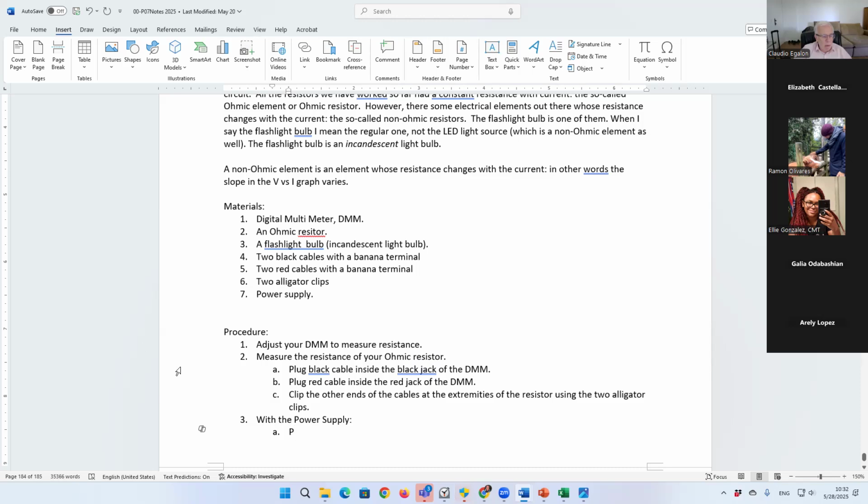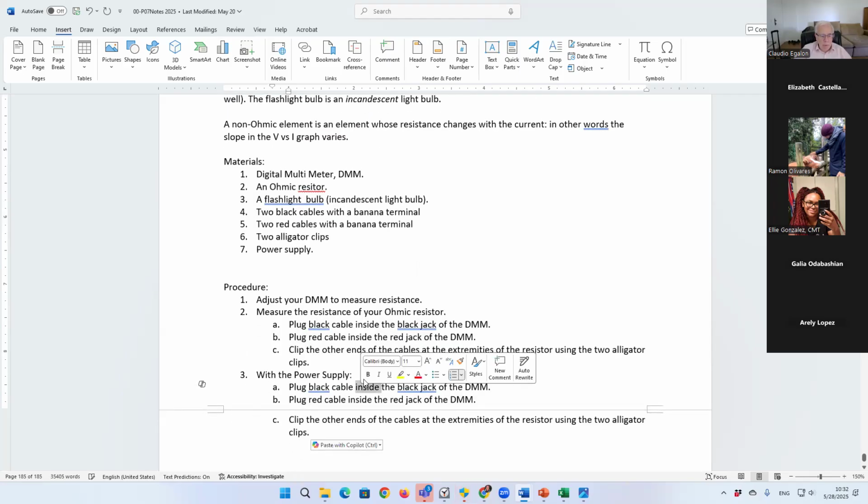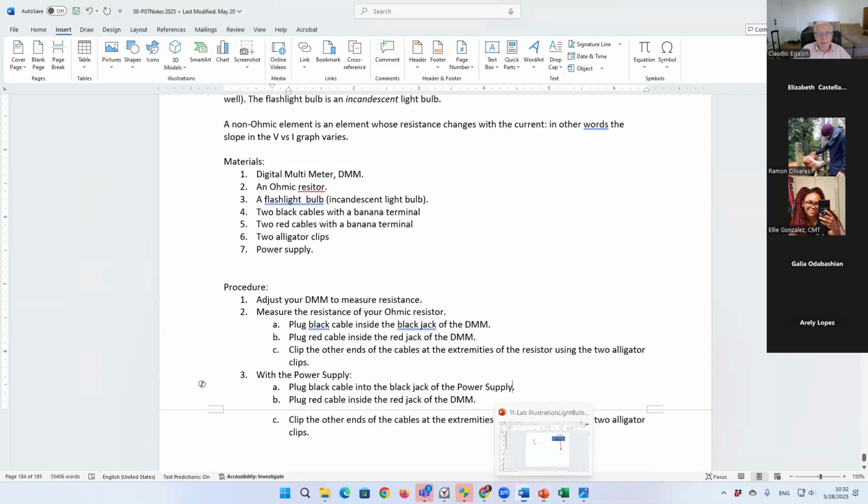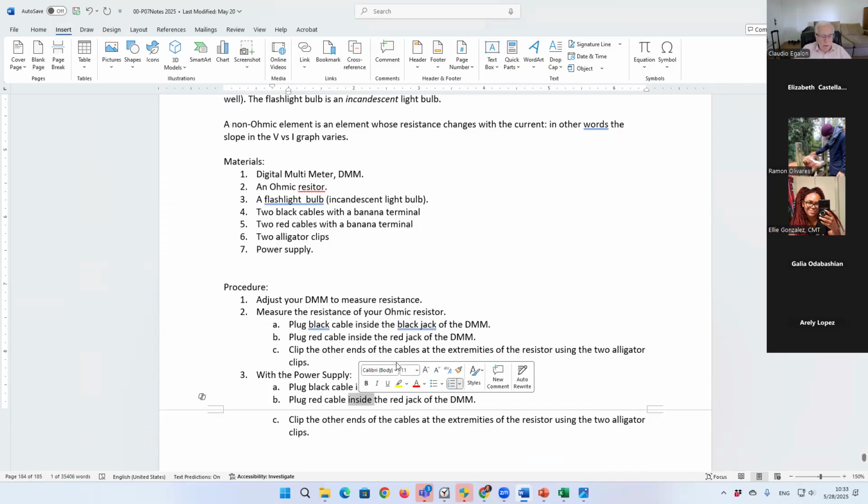Plug black cable into the black jack of the power supply, just like we did with the multimeter. Okay, right in here. Oh, I put the red one. Doesn't matter. Plug red cable into the red jack of the power supply. I didn't turn on the power supply yet. Okay.